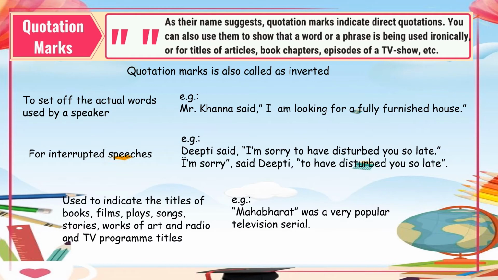Even there, when someone is speaking, I will put the quotation marks. It is even used to indicate the titles of books, films, plays, songs, stories. Like if I am saying Mahabharat was a popular television serial, I'm just saying about the title of that serial which I'm watching. So inverted commas for the name, for the title of that particular soap. Daily soap, I should say.